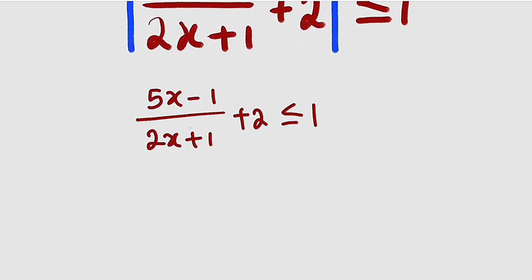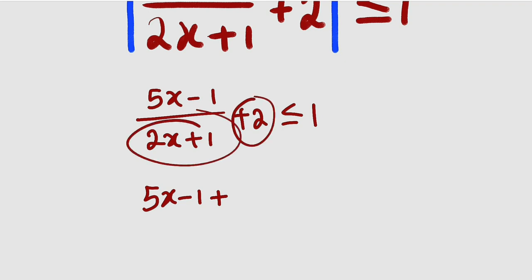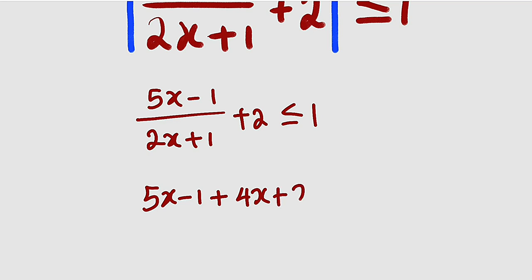We can clear the fraction by multiplying all terms by 2x plus 1. If you multiply the first term by that, you will be only left with the numerator 5x minus 1, plus you take 2 and multiply by the whole of this, you're going to obtain 4x plus 2, less than or equal to 1 multiplied by the whole of this, which is the same thing as 2x plus 1.